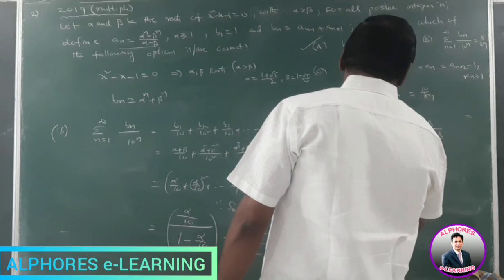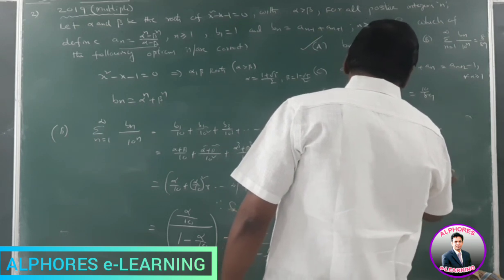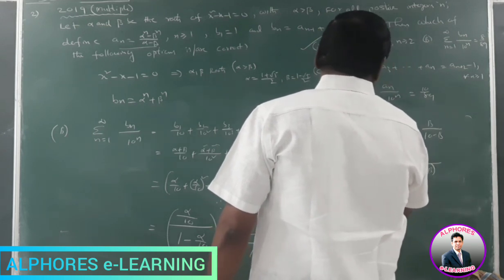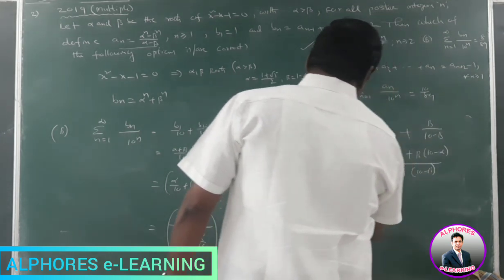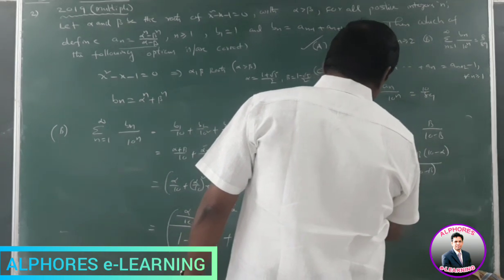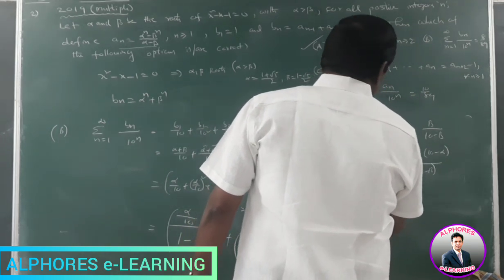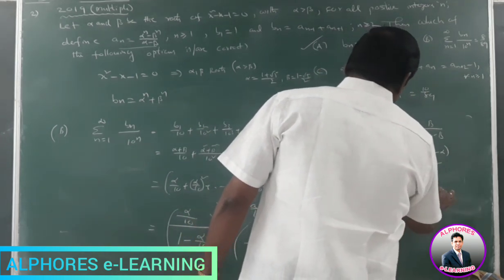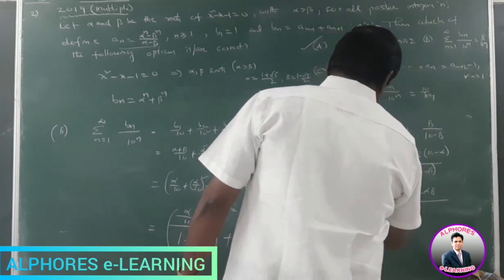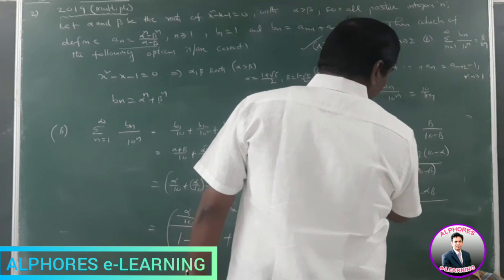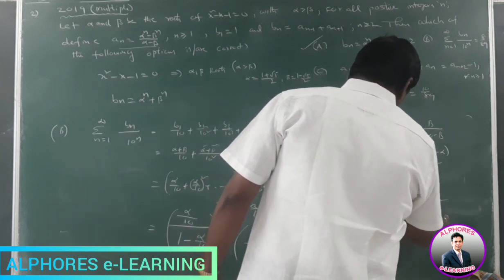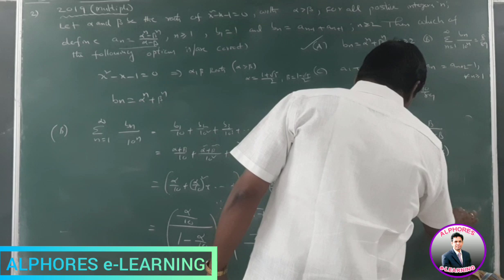LCM is 10 minus alpha into 10 minus beta. Here alpha into 10 minus beta plus beta into 10 minus alpha. After simplification, 10 alpha plus 10 beta means 10 of alpha plus beta, minus alpha beta means minus 2 alpha beta. Here after multiplication, 100 minus of 10 alpha minus of 10 beta. That means minus of 10 of alpha plus beta plus alpha beta.